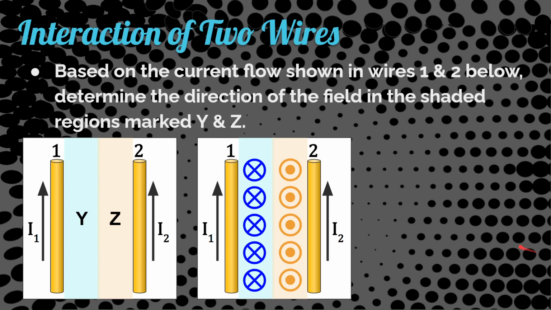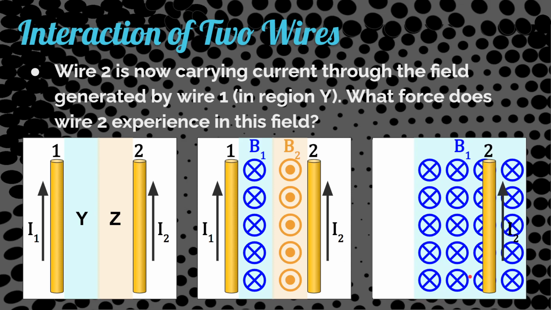Okay, so let's isolate and just look at wire 2 for a second. Wire 2 is now inside of the field that wire 1 made, the one that's going into my screen. We said that's what was happening here, and it overlaps wire 2. Because wire 2 is now a current carrying wire moving through a field, it's going to experience a force. We know that because of the right-hand rule.